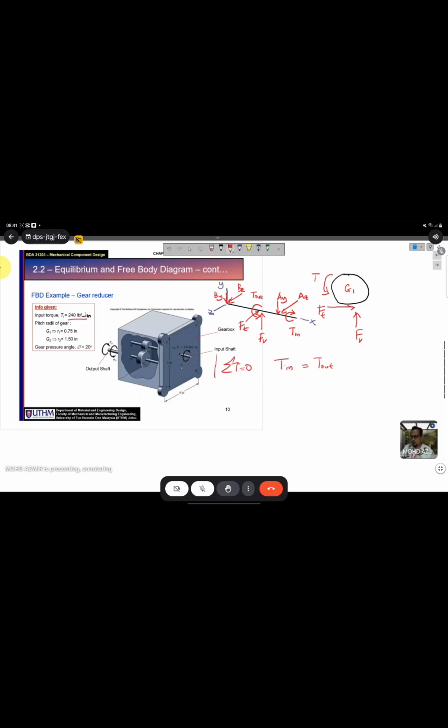So this is the equilibrium theory. Top in will be equal to top out, which is the same value, 240 pounds inch. And then because the radius for the gear is given as 0.75 inch, that means we have a radius for this one.